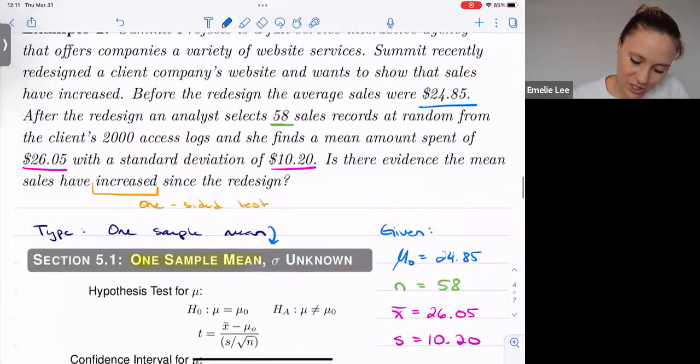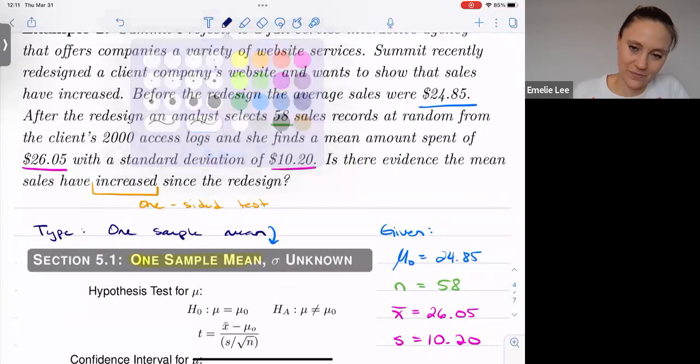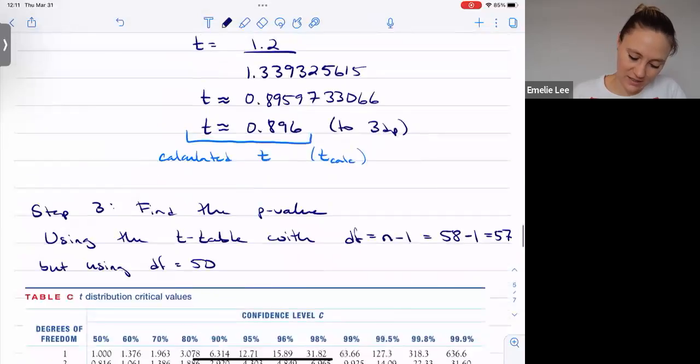The question is, is there evidence the mean sales have increased since the redesign? No. There's no evidence that the mean sales have increased significantly since the redesign. You can always throw in a "significantly" if you want to boost what you're saying.